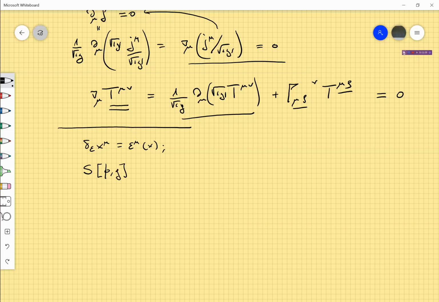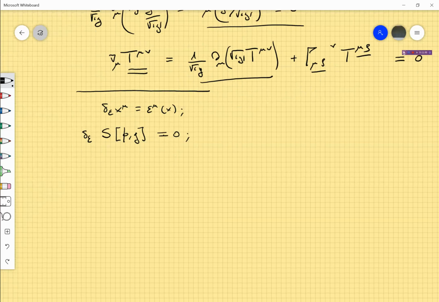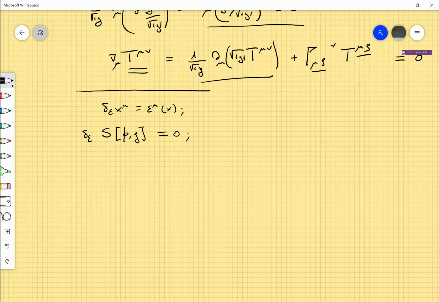If this theory satisfies the principle of general covariance, then we know that under these transformations this action should be invariant. This is just a consequence of the principle of general covariance. So the question is what are the implications of this invariance, and we are going to follow essentially the same path that we followed when we proved the first Noether theorem to find the consequences.